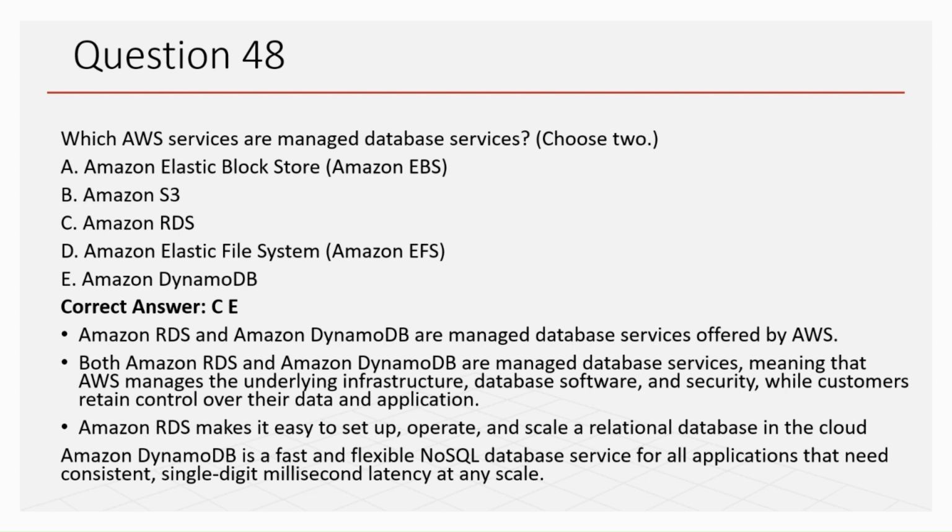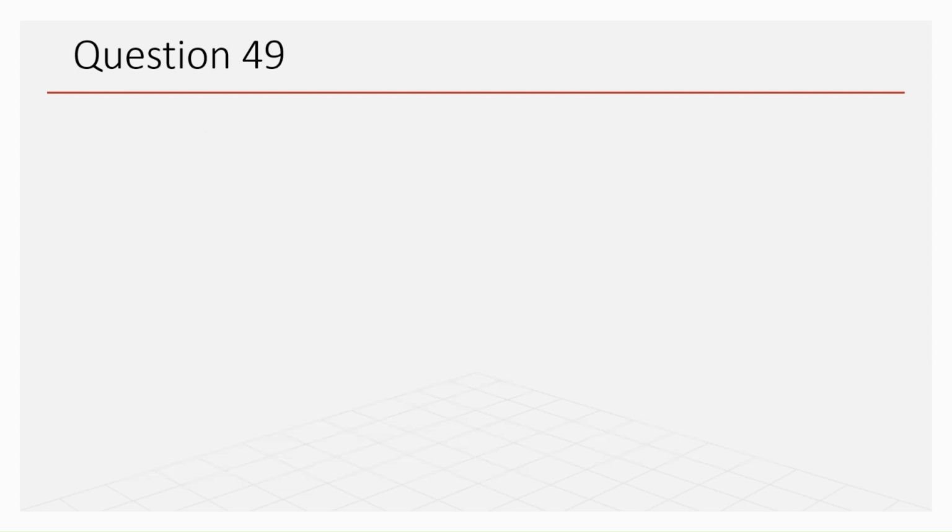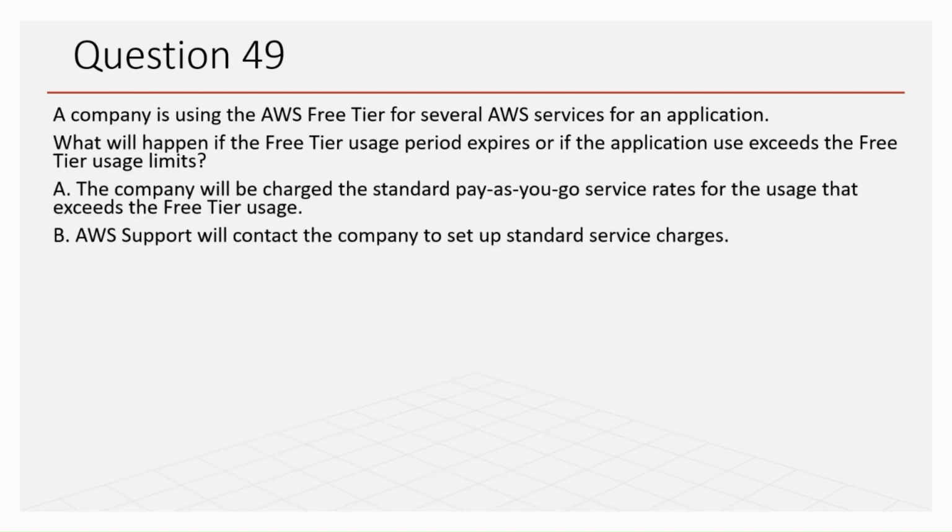Also, Amazon RDS makes it easy to set up, operate, and scale a relational database in the cloud. Amazon DynamoDB is a fast, flexible NoSQL database service for all applications that need consistent single-digit millisecond latency at any scale. So, therefore, the correct answer is RDS and DynamoDB. Now, let's look into question number 49.